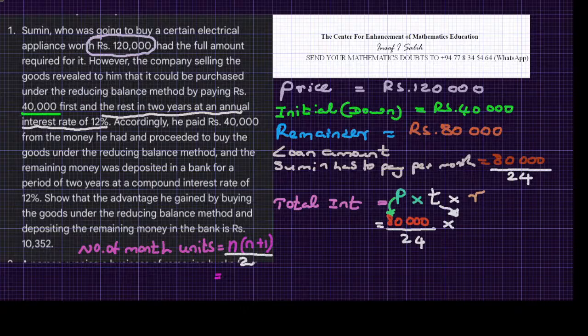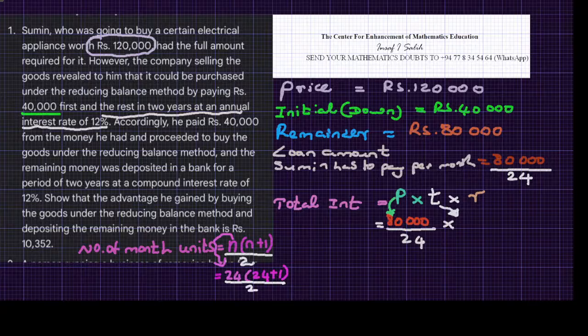He is taking 2 years, which means 24 months, so n is 24. It's 24 times 24 plus 1, divided by 2. That's the number of month units.